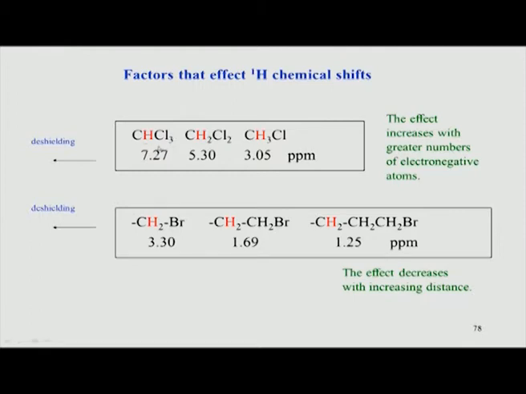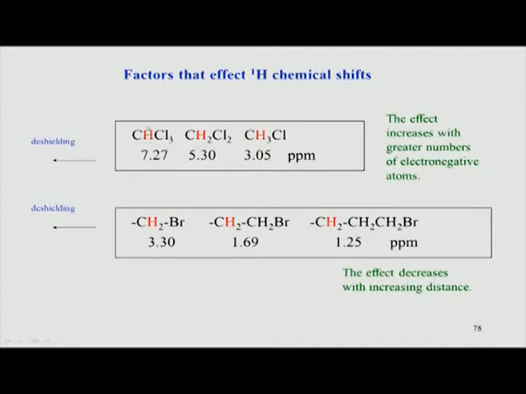So, they very strongly pull the electron density away from the carbon and hydrogen, and therefore this hydrogen has very little electron density around itself, and if it has less electron density, it is less shielded from the main magnetic field, and therefore it becomes de-shielded.